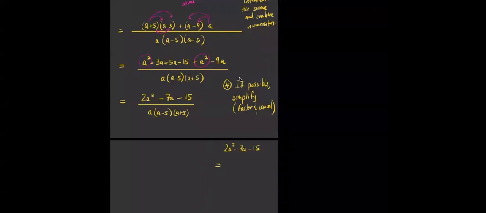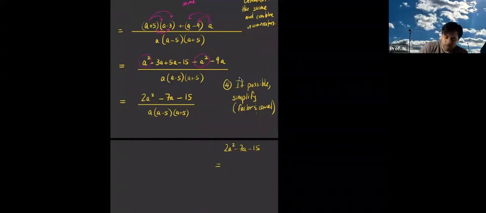Negative 10 and 3. Yeah, that's right. So this becomes 2a squared minus 10a plus 3a minus 15. You can factor out the 2a and you get a minus 5. You can factor out the 3 and you get a minus 5. So this becomes a minus 5 times 2a plus 3.